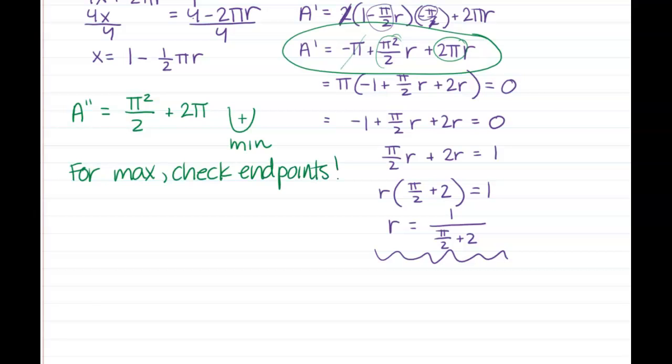So for the endpoints, basically you can either use all wire for the square or all wire for the circle. So if r equals 0, all wire is used for the square.